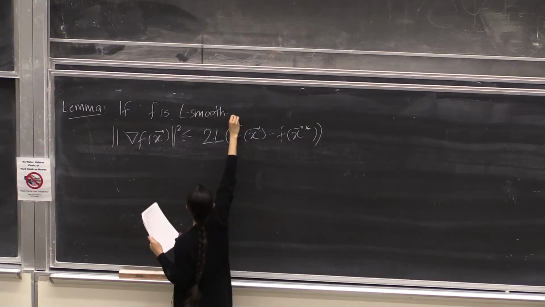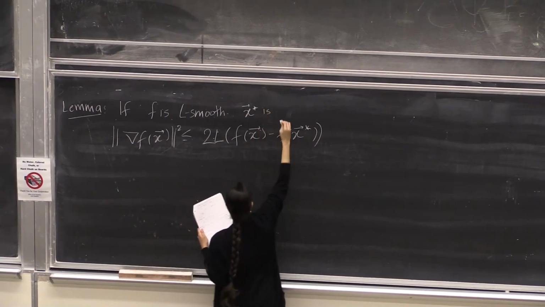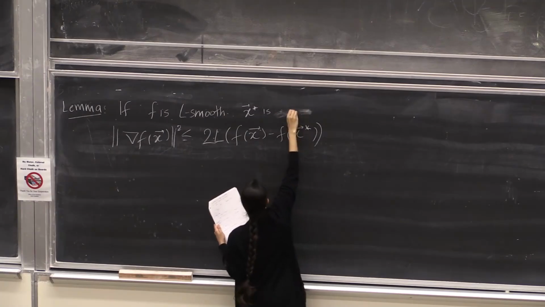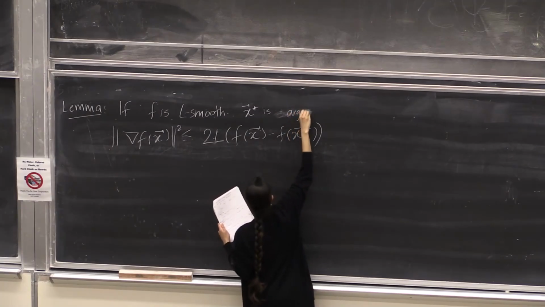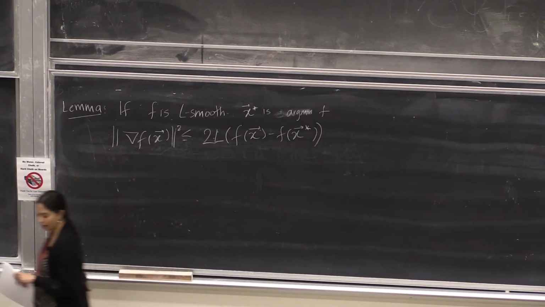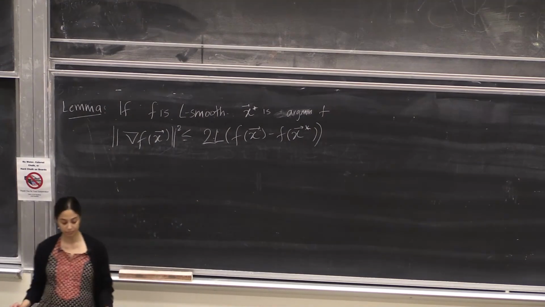Okay, so let's say you have x star, which is your minimum point, or is the argument that achieves the minimum.